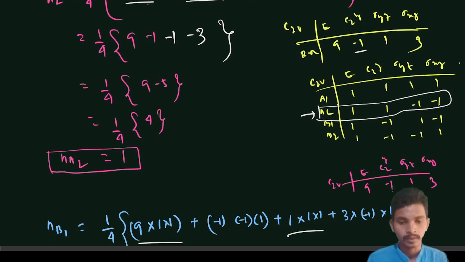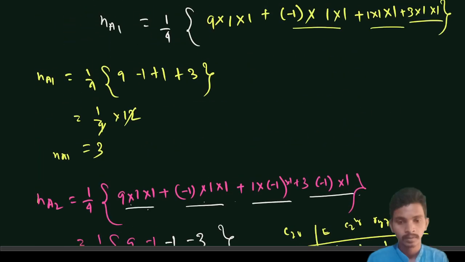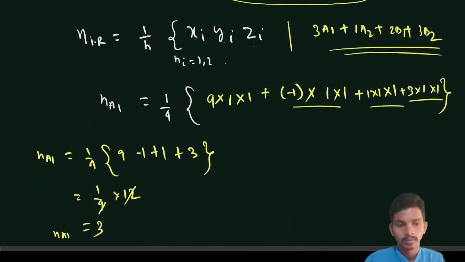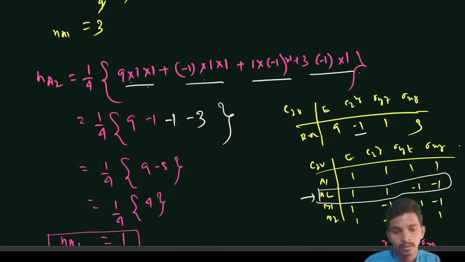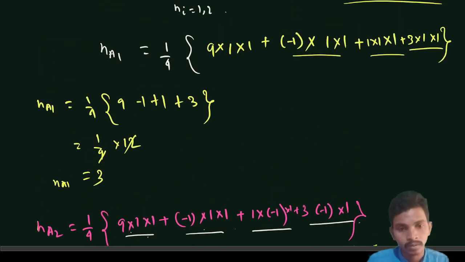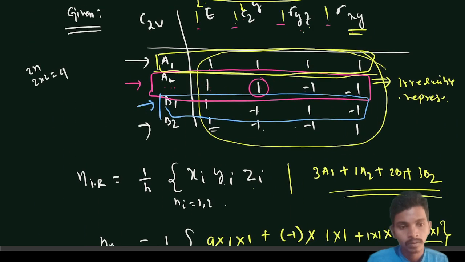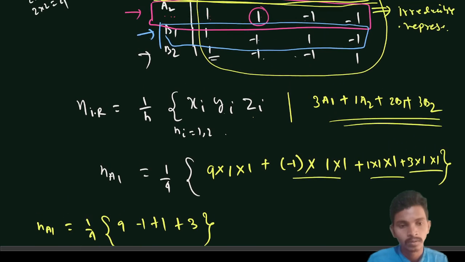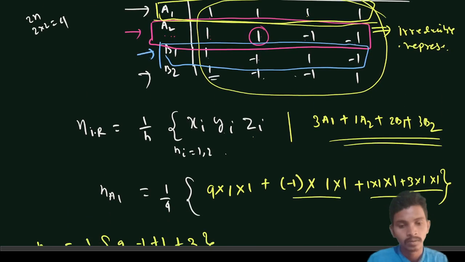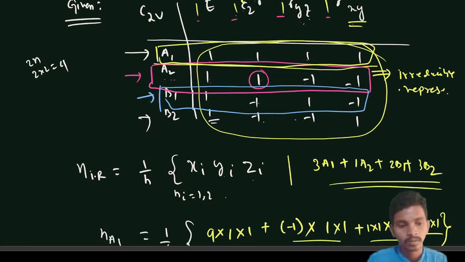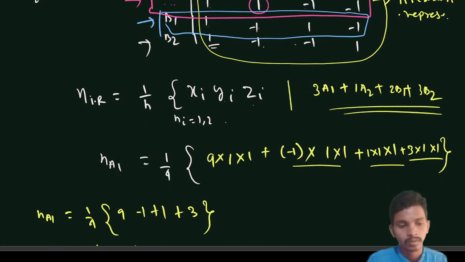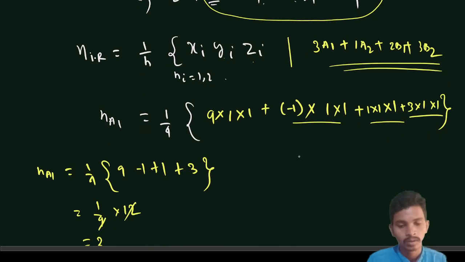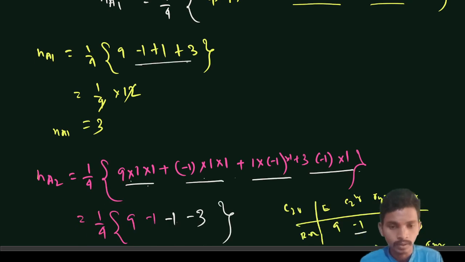This value is also 1. Is that wrong? Maybe the multiplication is wrong here.